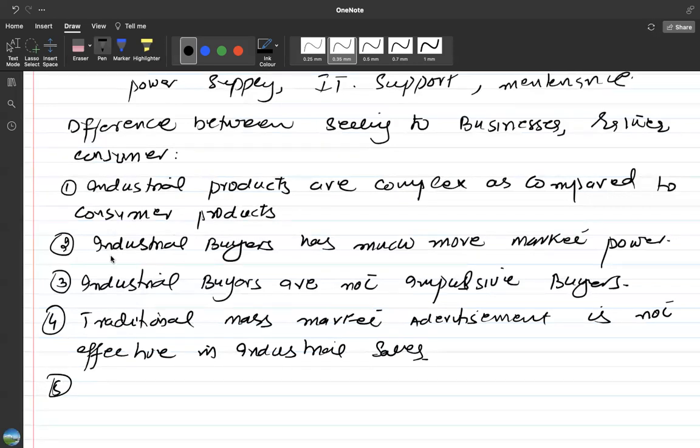Five, mass marketing in the consumer market is a common strategy, but when it comes to the industrial market, there are relatively few buyers. So you cannot make a mass product and sell to every possible consumer.